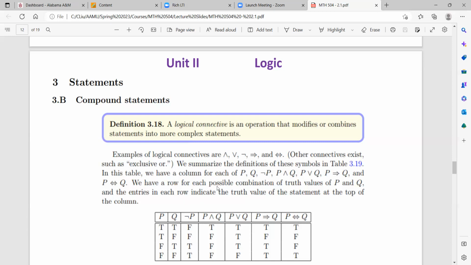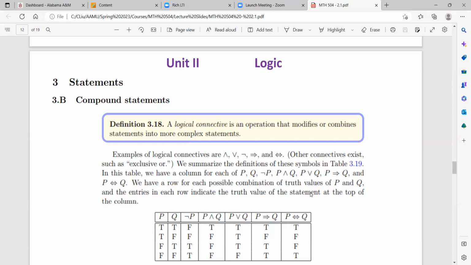So we have a row for each possible combination of truth values for P and Q, and we have the columns of negation of P, P and Q, P or Q, P implies Q or implication of P and Q, or P if and only if Q. The entries in each row indicate the truth value of the statement at the top of the column.